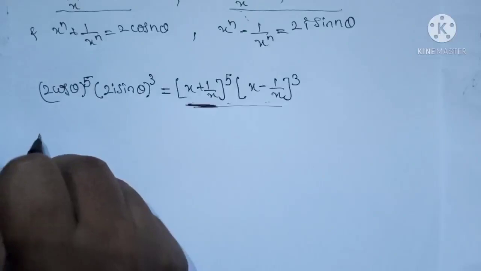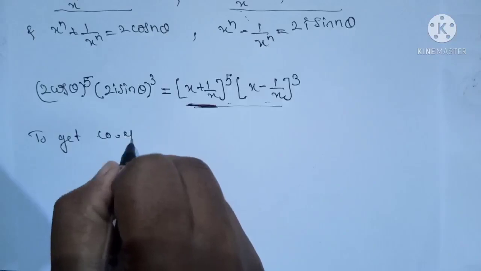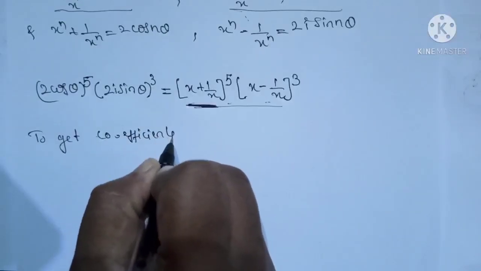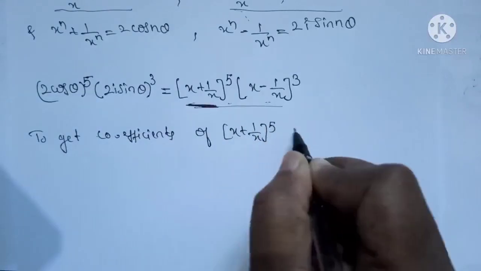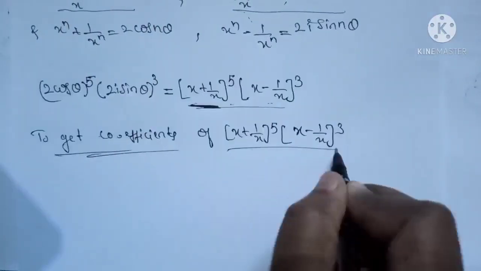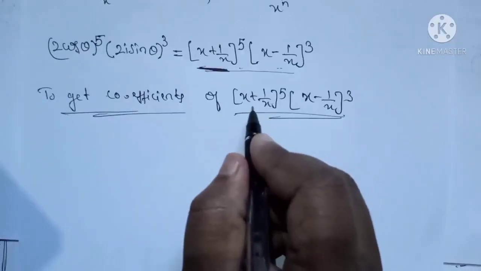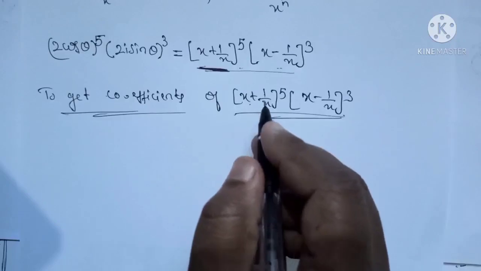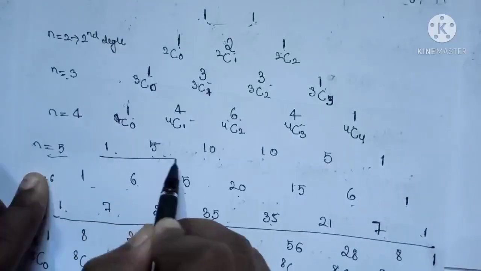So to get coefficients of (x plus 1 by x)^5 into (x minus 1 by x), we use the following procedure. First we write the binomial coefficients of this x plus 1 by x of degree 5 by using the Pascal triangle. That is the Pascal triangle, already I have written this one.